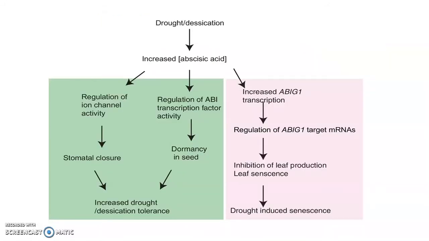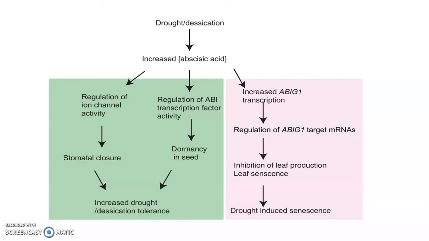Second, drought stress increases the ABA concentration. ABA concentration causes three ways of senescence. First one is the regulation of ion channel activity, which closes the stomata and increases drought or desiccation tolerance.